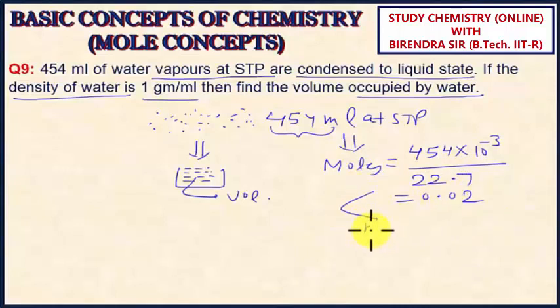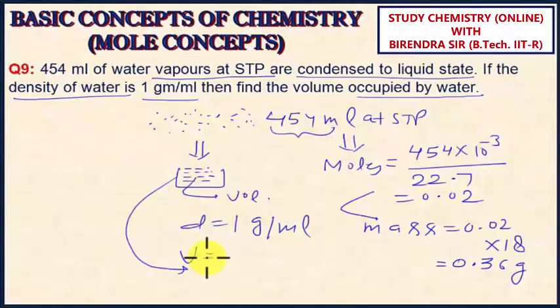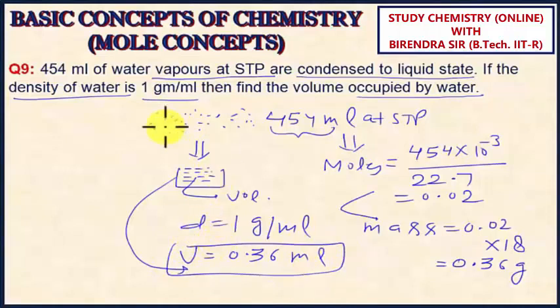So once you know moles, you can easily get the mass of the water, and that is 0.02 into 18, which is the molar mass of H2O, and the value comes as 0.36 gram. Since the density is given as 1 gram per ml, the volume of this H2O liquid will be 0.36 ml.